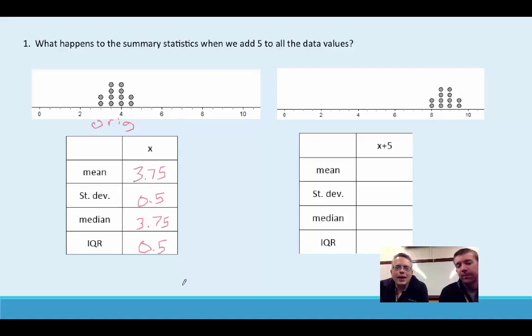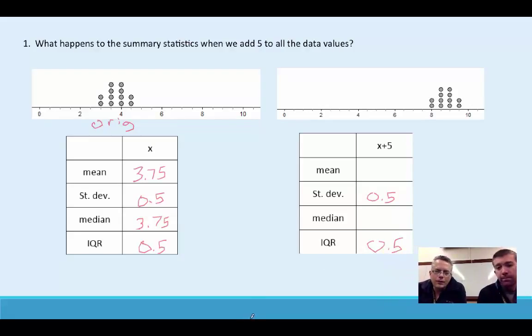So when we add 5, the measures of spread stay the same because the data didn't get more spread out. Over here on the right, we can just copy what we had before for the standard deviation and the IQR. However, measures of position, like mean and median, and also Q1 and Q3, went up by 5.